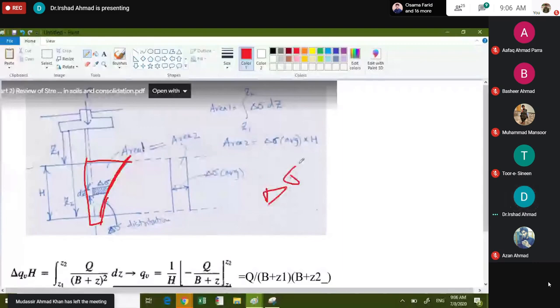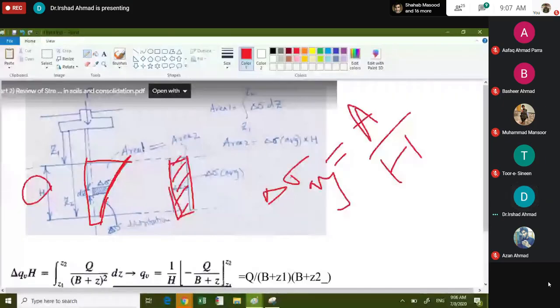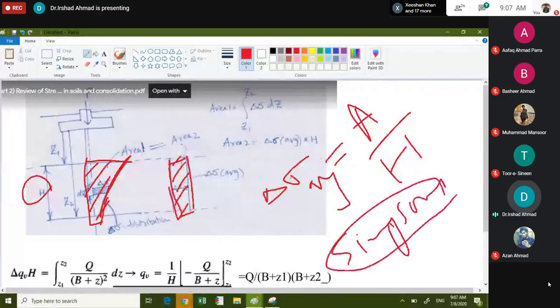So now let's find the area, right? In the Boussinesq equation, you use Simpson's rule, which is a numerical integration method. But here the equation is very simple, so you would use actual integration. Let's use the actual integration method and solve it. Okay.